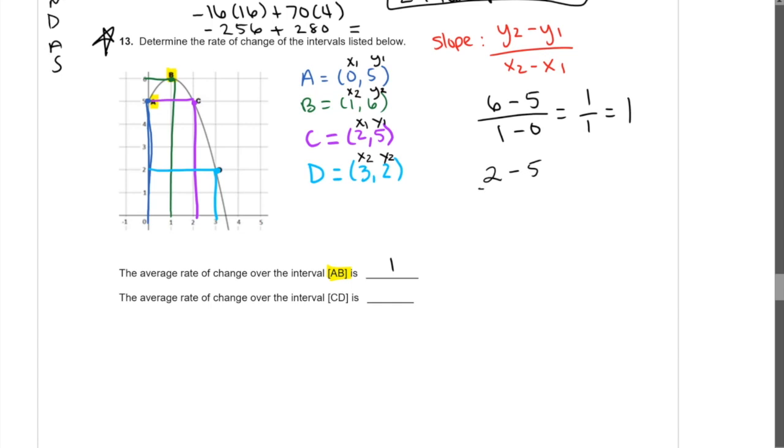I put my division, so it's going to be over x2, x2 is 3 minus 2. All right. So 2 minus 5, that means you had $2 in your pocket, but you borrowed $5. So when you paid them, you still owe them $3. And 3 minus 2, well, that's 1. So can I reduce 3 over 1? Yep, it's just going to be negative 3. And there's my answer right here.